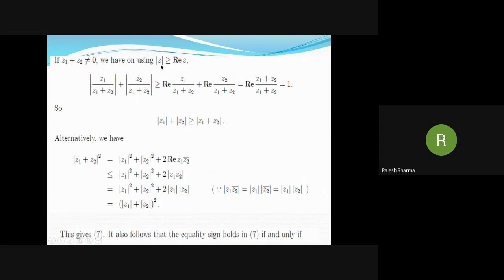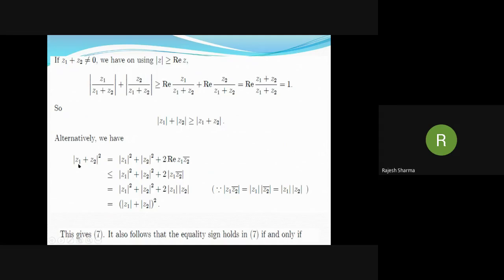Why? Because mod of z is always greater than or equal to the real part of z. And this expression equals the real part of (z1 plus z2) over (z1 plus z2), which is equal to 1. So this implies mod z1 plus mod z2 is greater than or equal to mod z1 plus z2.